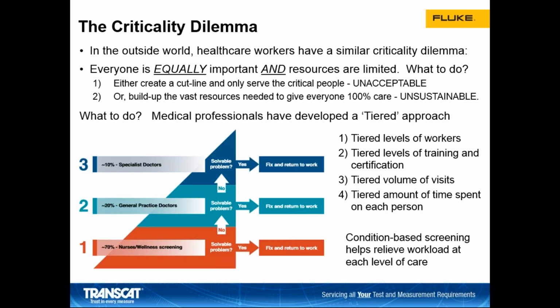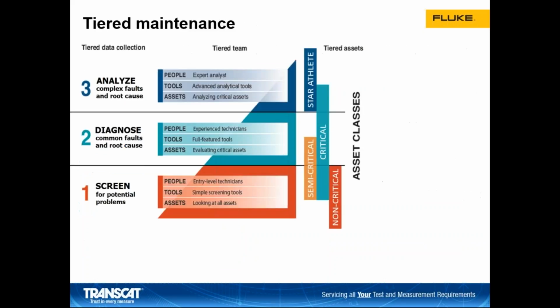So the medical industry, as a way to handle all of the patients and give them all quality care, found that if they have a tiered level of workers with a tiered level of training and tiered volumes of visits, then you can handle things in this tiered approach, and that way you can give care to everybody based on what they need and based on the skill set. So that's what we're going to think about: is there a way we can do this with our maintenance world that we can give this same level of care?